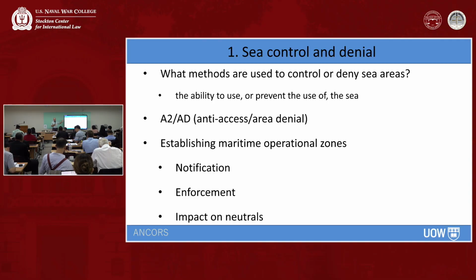A more modern way of describing this is, and we've already heard mention of it, A2AD, anti-access area denial. That acronym is commonly used to describe the operation itself that is taking place.